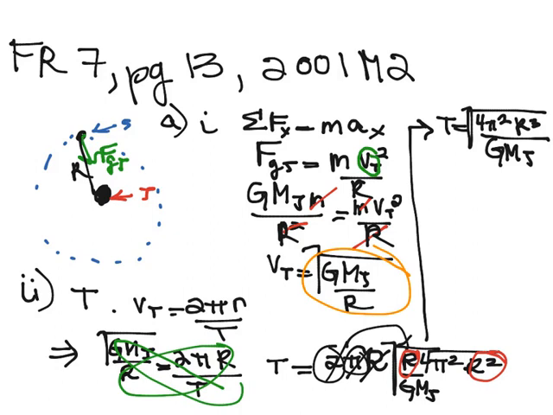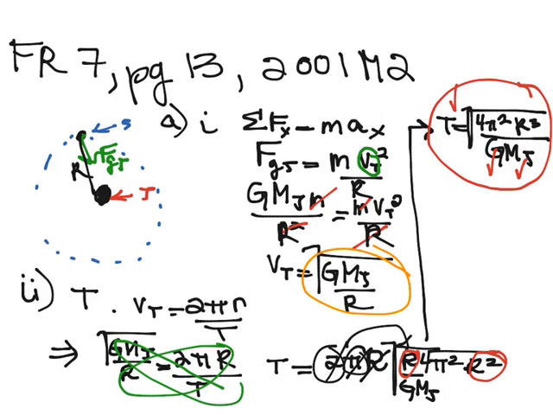Now we can do that using what we solved for in part A. So we know that T is equal to this. We have numbers for G, M_J, and R, then if we have numbers for T, M_J, and T, then we can solve for r.